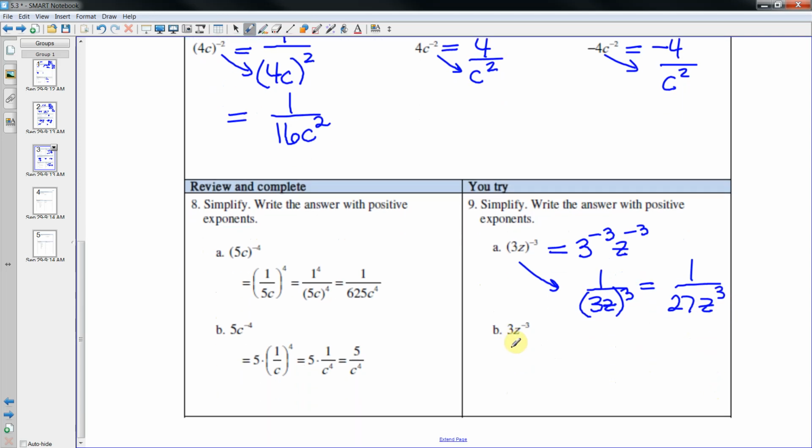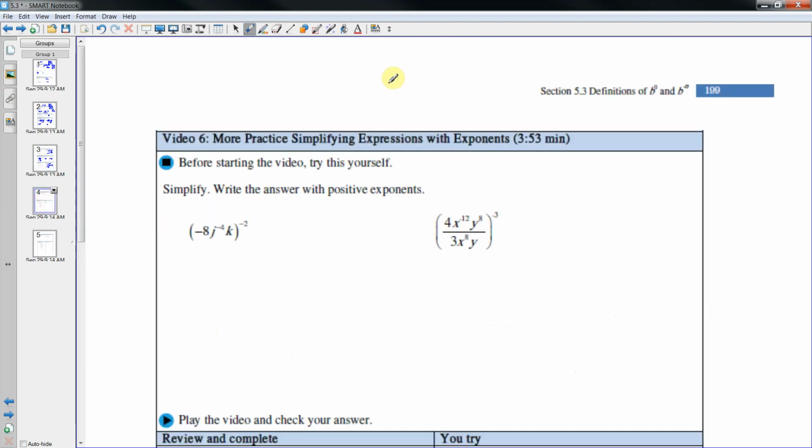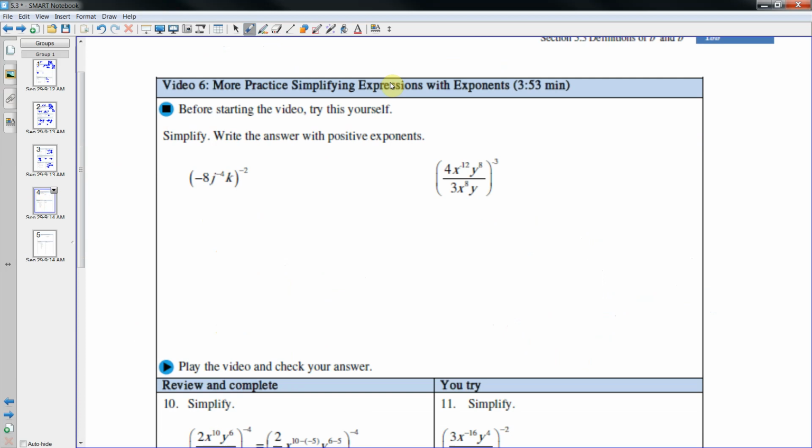In the bottom example, the 3 stays put because he does not have that exponent with him. It's the z that needs to move to the denominator and be z cubed. Not too bad. Okay, let's look at the next page. These are ones where you'll write your answers using only positive exponents.